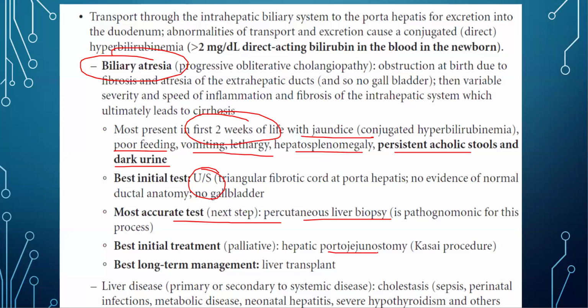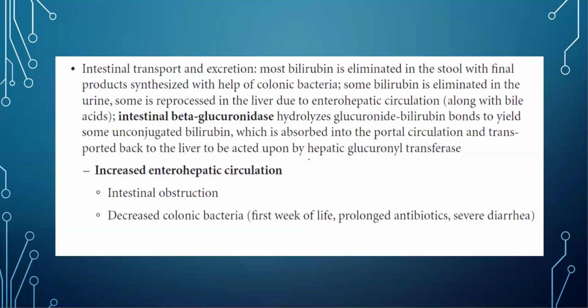Okay, so from the portal vein, you just bypass it to the jejunum so that from the portal vein it can go directly to the jejunum. So portojejunostomy will be the initial treatment, but long-term treatment is liver transplant. Okay, so that's biliary atresia.